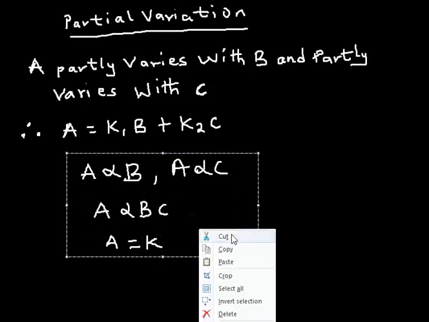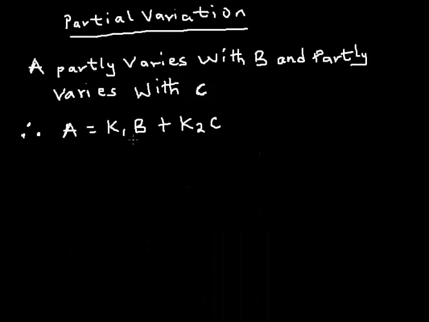So when A partly varies with B, and A partly varies with C, I'm going to create a relationship for these three variables by introducing two constants.